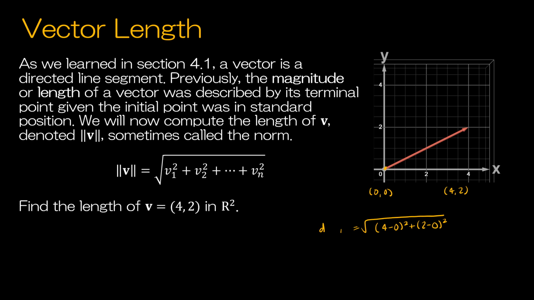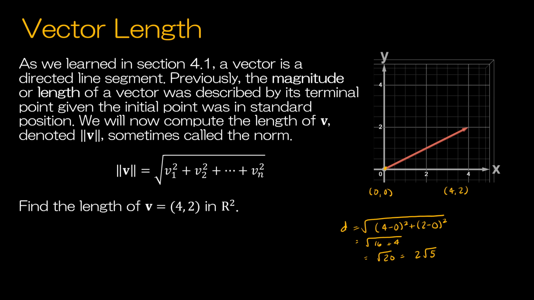I'll just say distance. And then we would say, well, that's 4 minus 0 is 4, squared is 16, plus 2 minus 0 would be 2 squared, or 4, and we would say that's radical 20, or we might even call it 2 radical 5. So that's the normal distance formula.